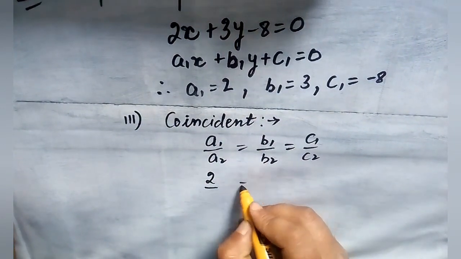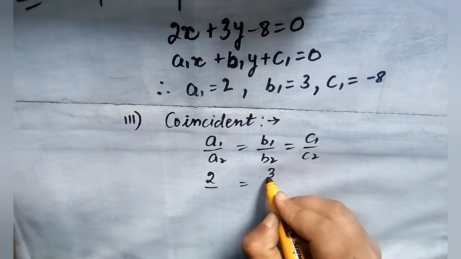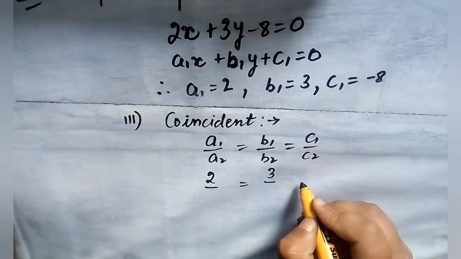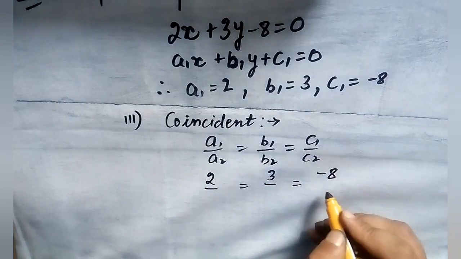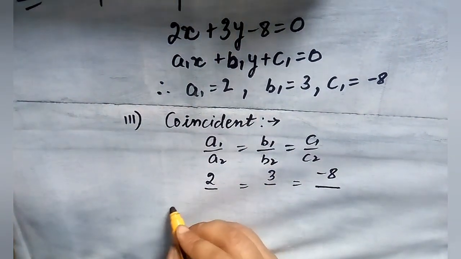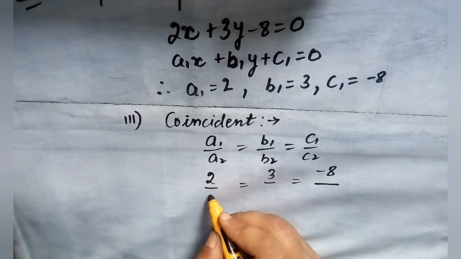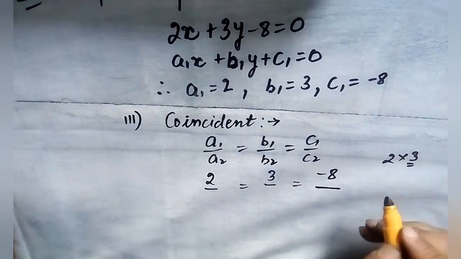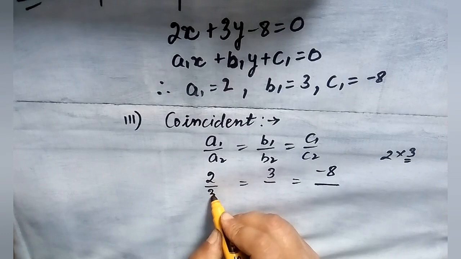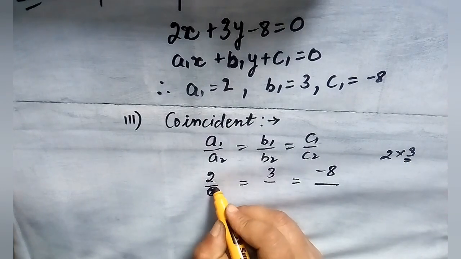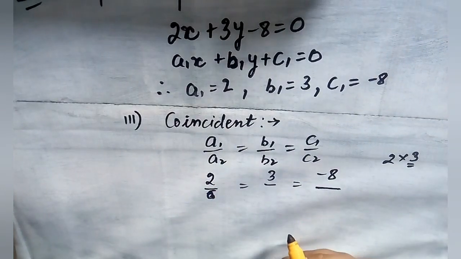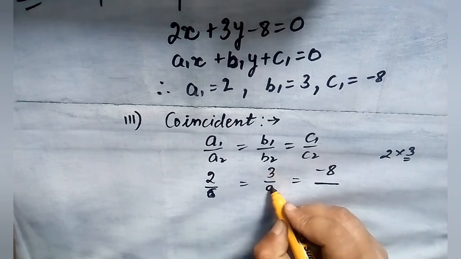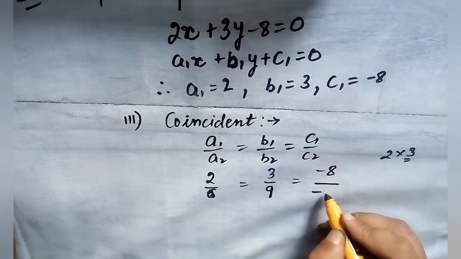So now the numerators are 2, 3 and minus 8. Keep the denominators blank. For the second equation, to make the ratio the same, I am taking the third multiple of 2. So 2 3s are 6 and 3 3s are 9 and minus 8 3s are minus 24.